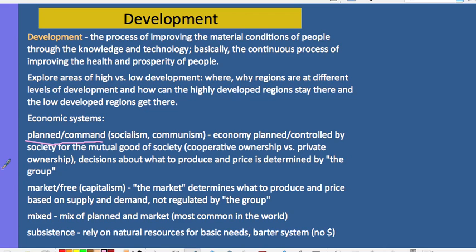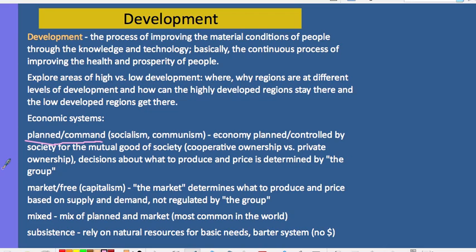Basically, a planned or command economic system is where the economy is controlled by society for the mutual good of society, whether this is controlled by government, which it often is, or maybe there are socialistic systems within a society, so maybe a corporation is owned by the people who work there.